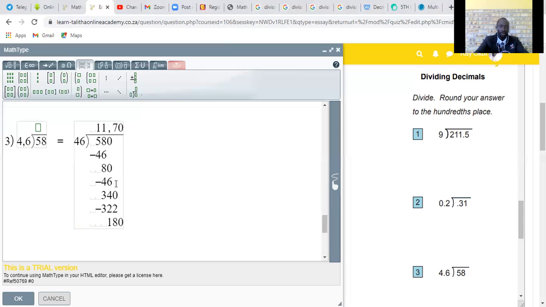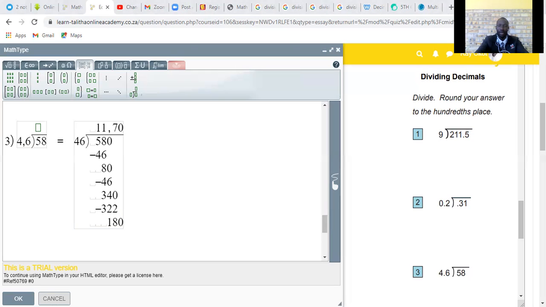180, the question is how many times will 46 go into 180? Well, it goes roughly 4 times. We want to find out what we get.